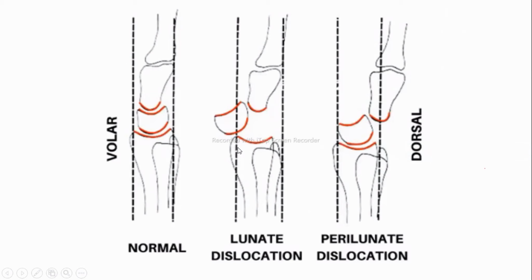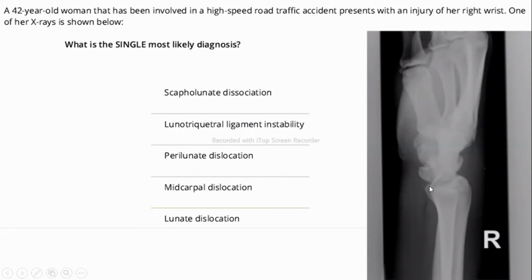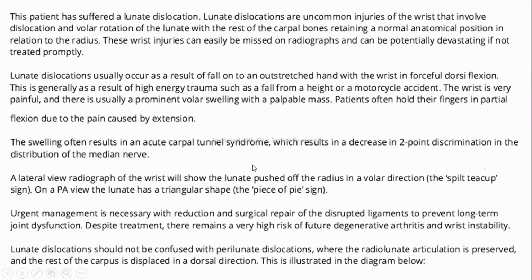So it should be here, not here. And what about the dorsal border? Normal. So all these bones are normal. So this patient has lunate dislocation.